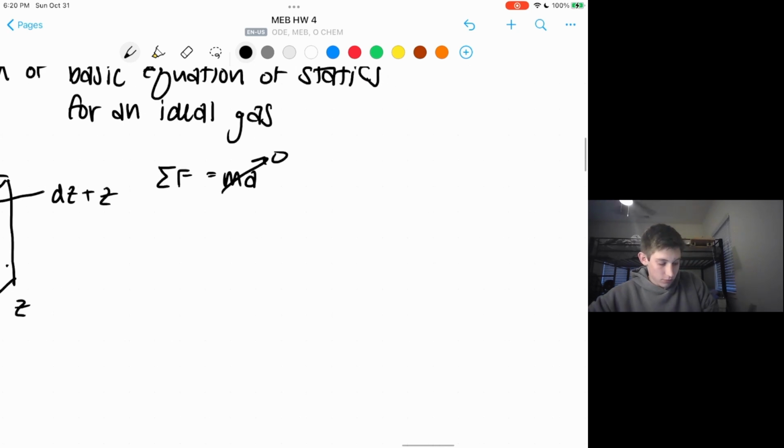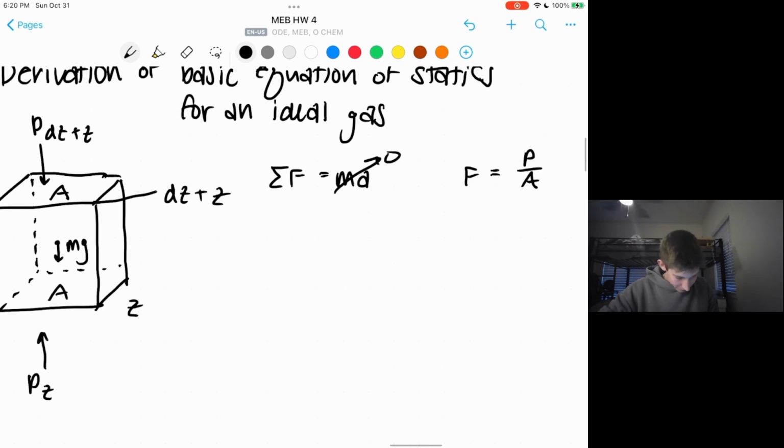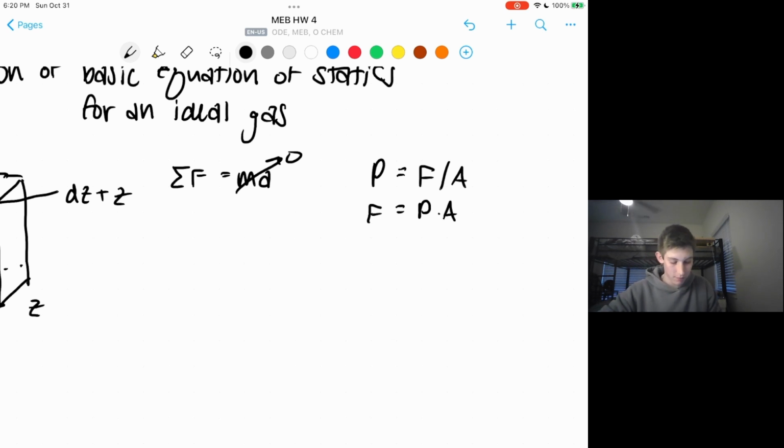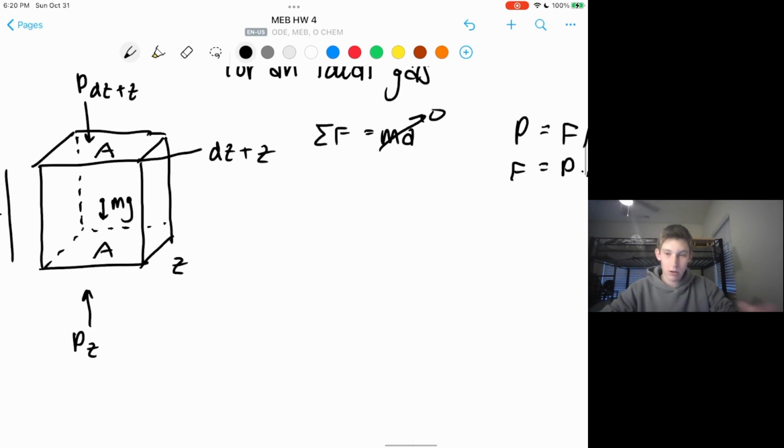So if you can recall, pressure equals force over area, so force equals pressure times area. I'm going to call downwards negative.